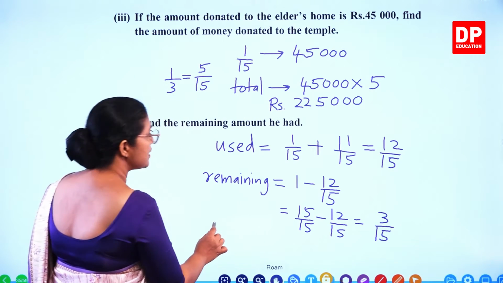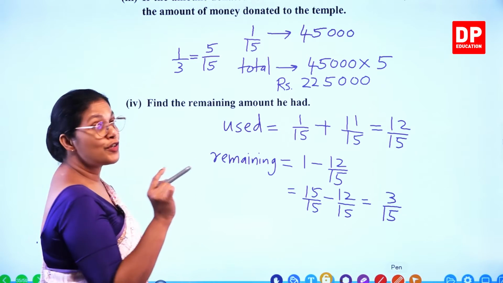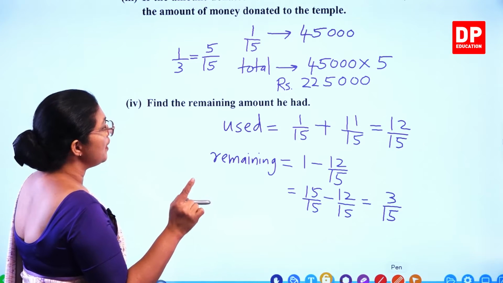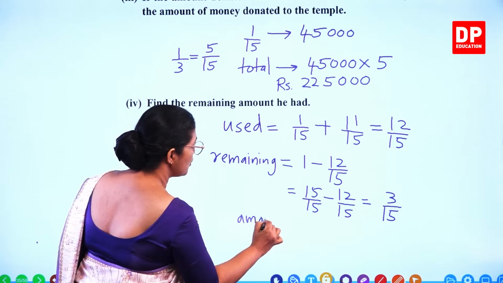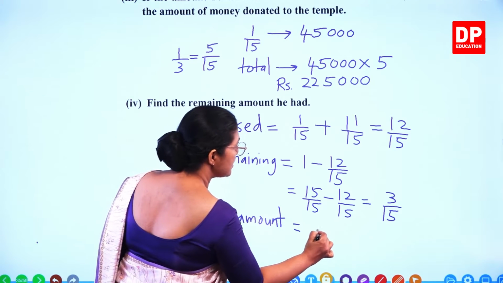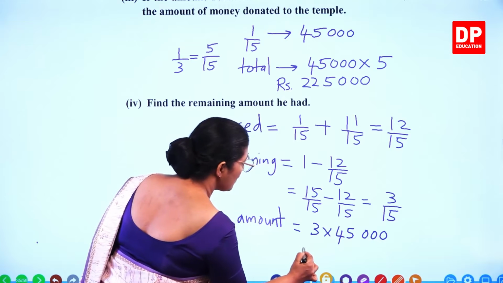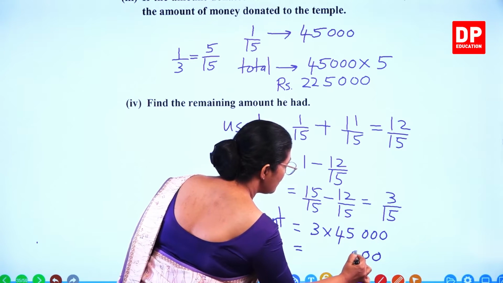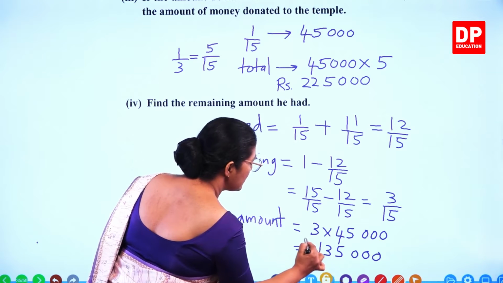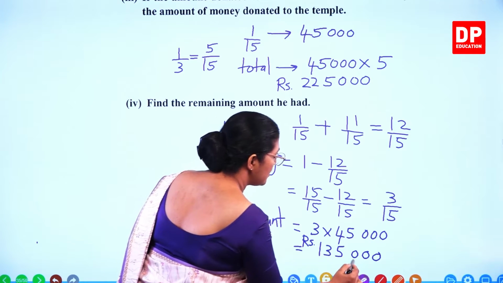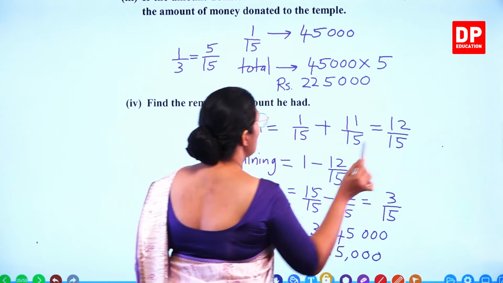So we know that 1/15 is 45,000 rupees. So what about 3 parts of that? So remaining amount is equal to 3 times 45,000 rupees. So you get 0, 0, 0. 3 times 5, 15. 3 times 4, 12 plus 1, 13. 135,000 rupees. So how many marks for this one?